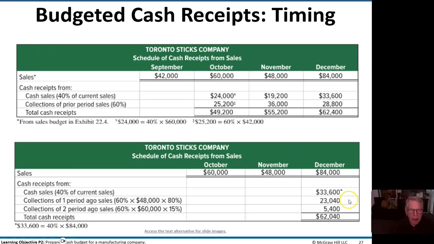So we can look back here at 60% of 48,000, and then 60% of 60,000 here. Our total cash receipts for December would be $62,040.